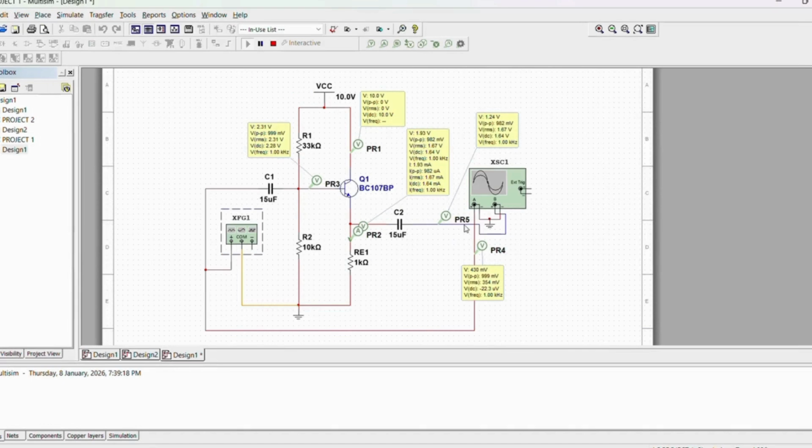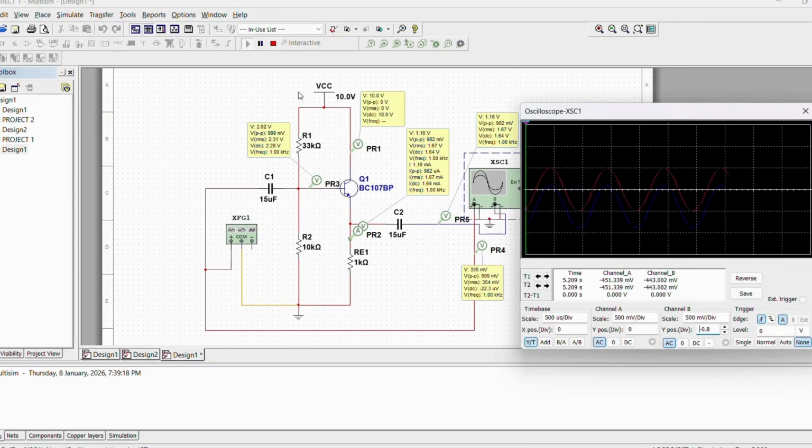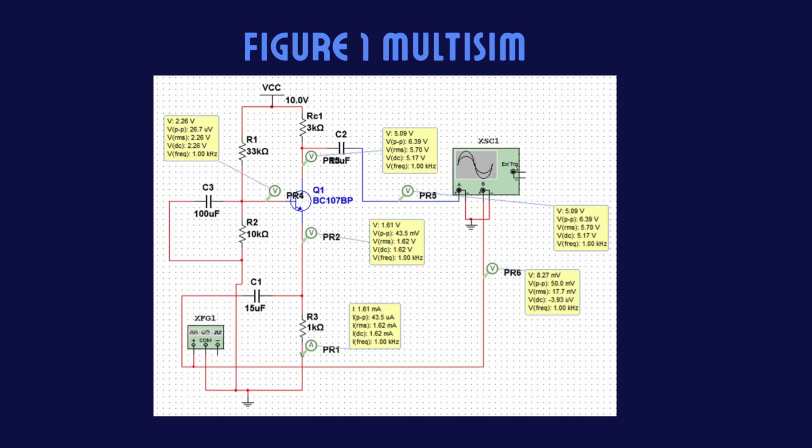The red color is V in and the blue wire is V out. Then you can tap the oscilloscope and run it and pause to get the waveform. As you can see, the scale is the same. In the result, we already get the VC, VB and VE and also IE, V out and V in.